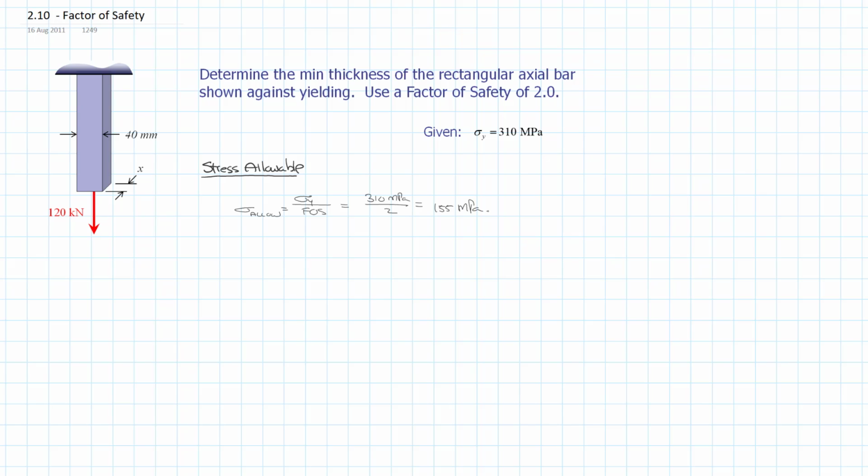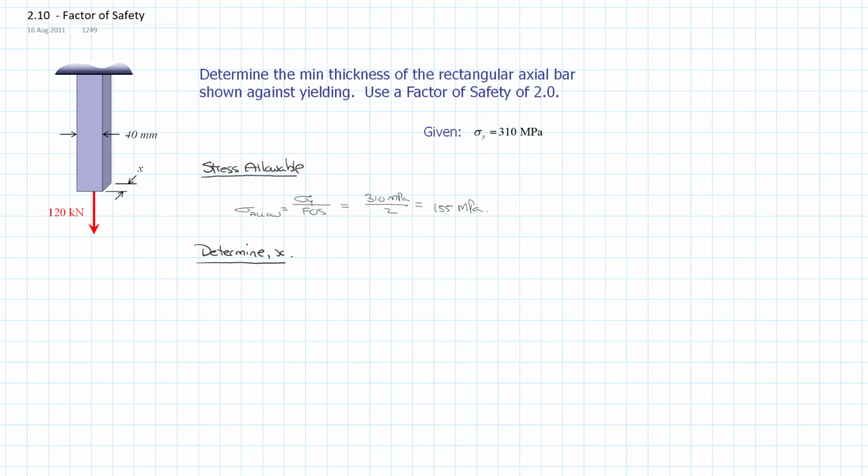We see that the internal force in this rod is 120 kilonewtons in tension. So that's your method of sections, if you will. It's a little bit trite in this case, so I'm not going to do it out deliberately. I'm just going to go right on and start to determine our depth x.